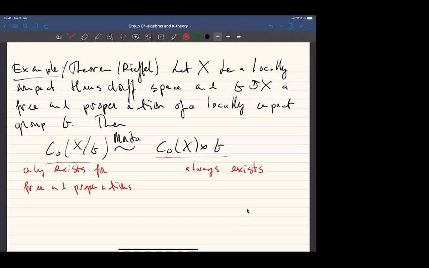And so you see that for non-free and proper actions, the crossed product is a replacement for the quotient space. It's an object that can play this role, and it generalizes the quotient space in this sense.